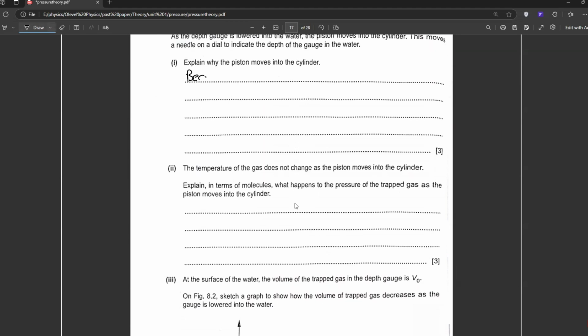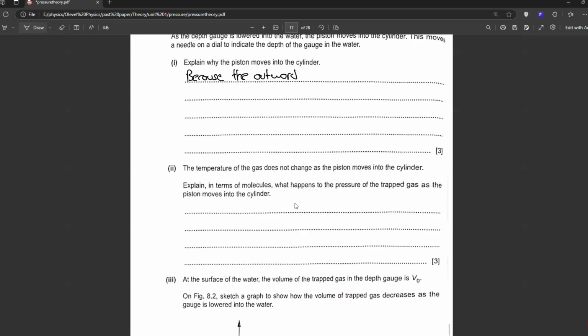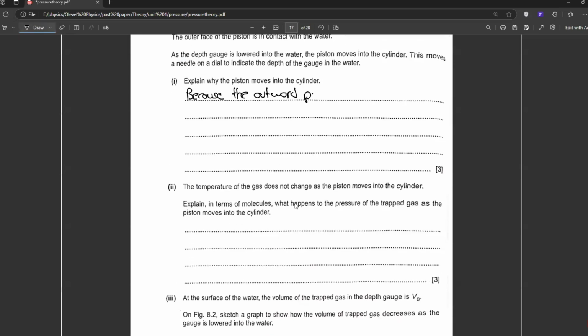Because the outward pressure exceeds the inward gas pressure.